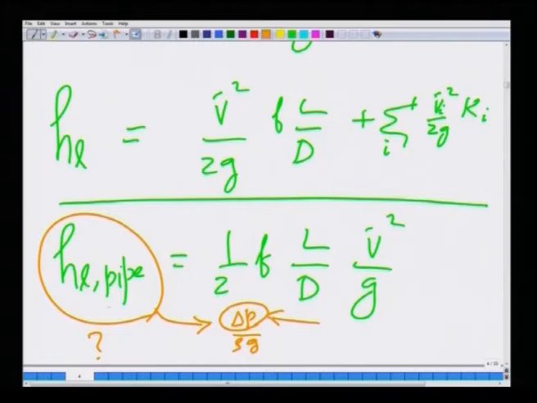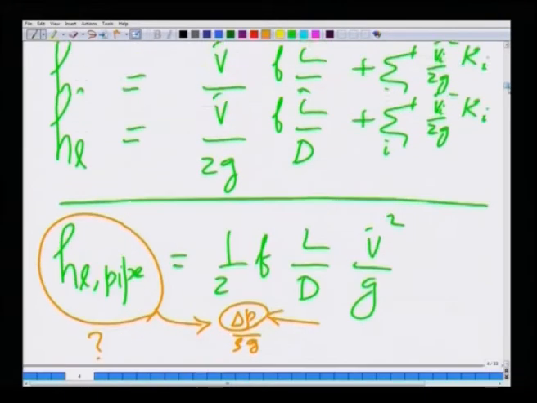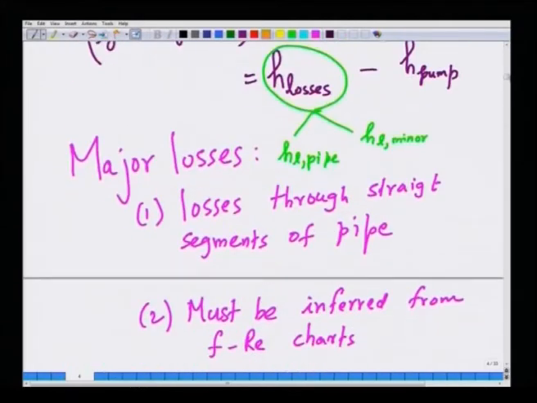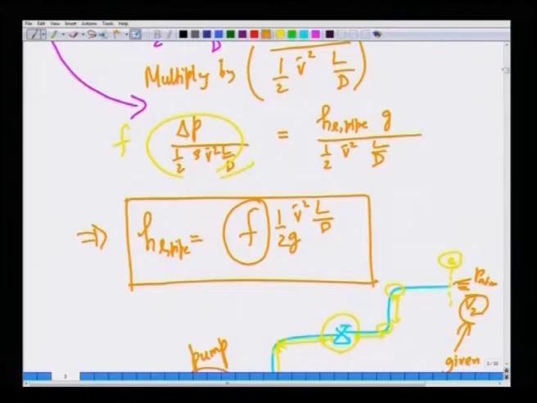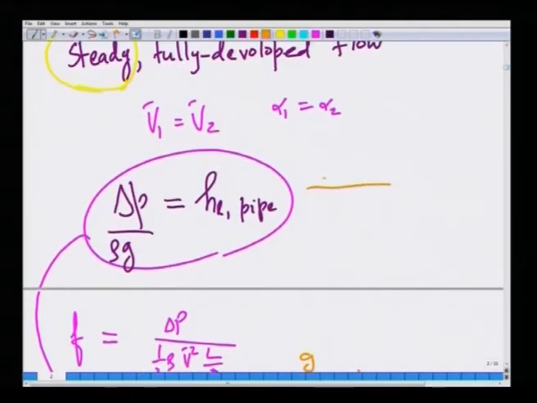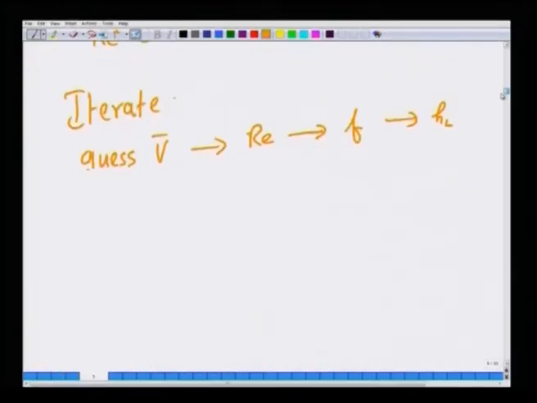The definition of head loss is delta P by rho g for a straight section of a pipe. We are now restricting ourselves to only straight sections. We can add on minor losses a little later.